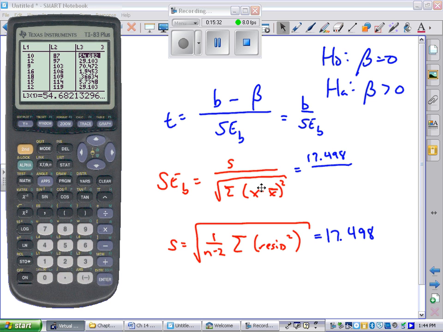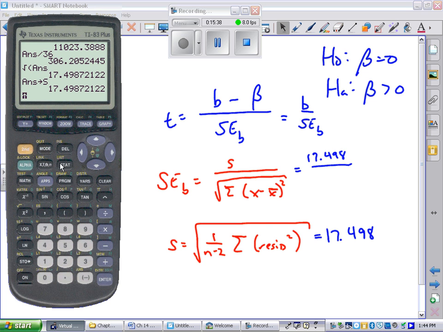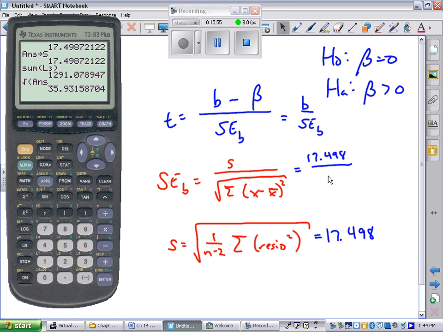Now I need to go back to my home screen and add up L3, and then I'll square root that. So I'm going to add up L3, and then I'm going to square root that. So that number is what goes down here on the bottom of this fraction.